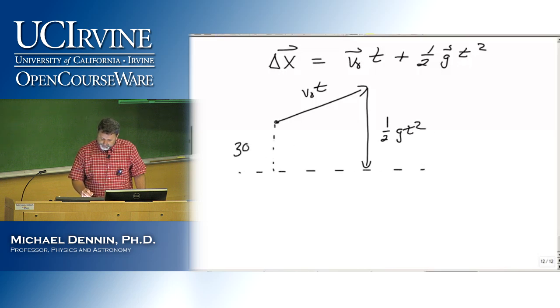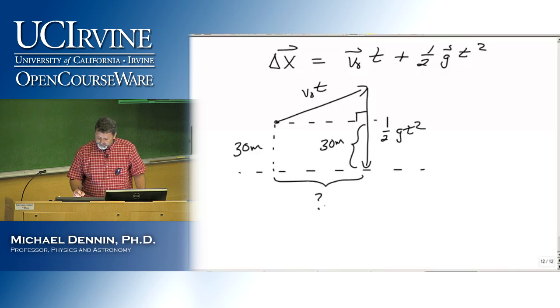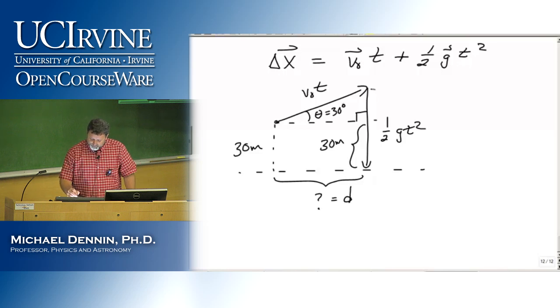We know this is 30 meters, so we can make a right angle here. This is what we want to find, the distance d that it goes. And we know this angle is 30 degrees. That also tells us right away that right in here, we have 1/2 gt squared minus 30 meters.